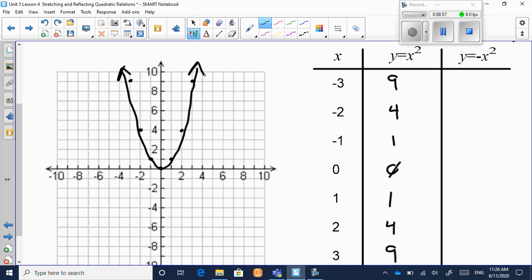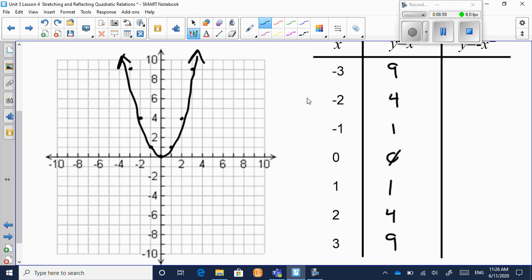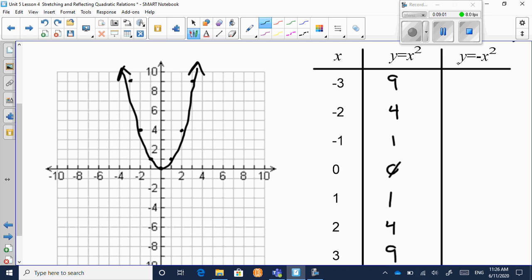Well, look at this, that if it was -x², then technically this 9 becomes -9 because you take the negative of what you got when you sub the -3 in there. So it becomes -9, -4, -1, negative of 0 is still 0, and then -1, -4, and -9.